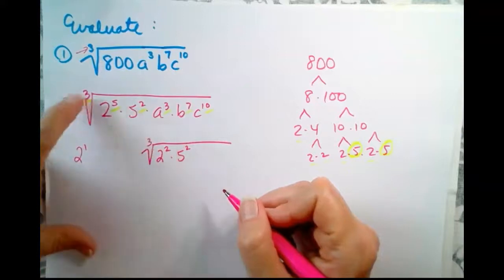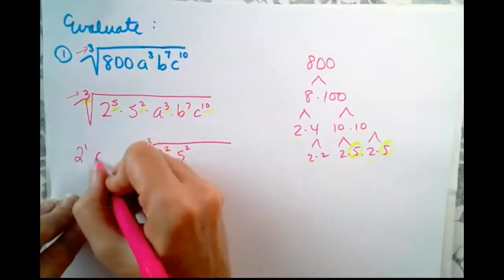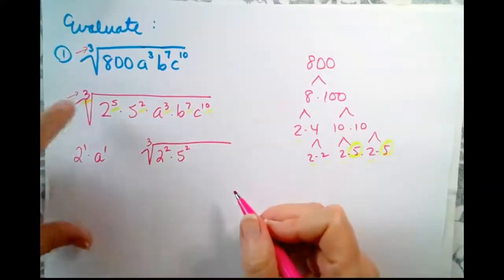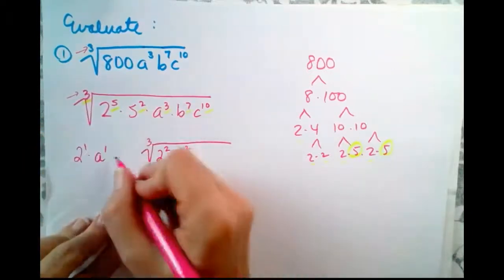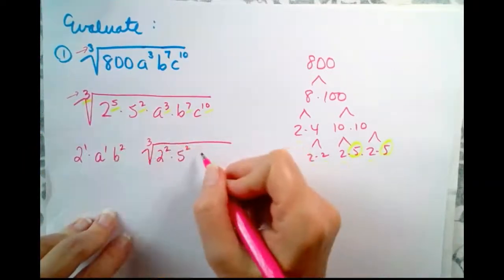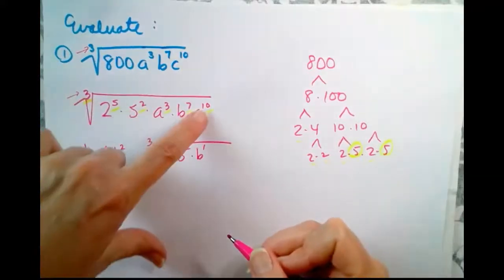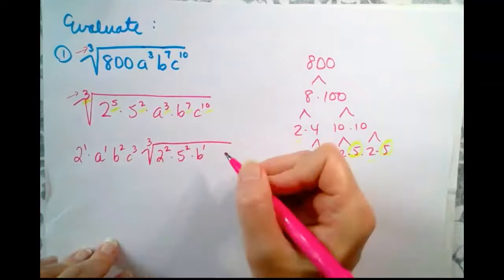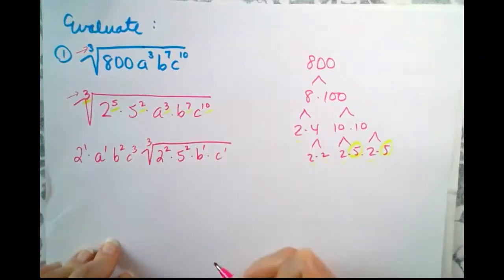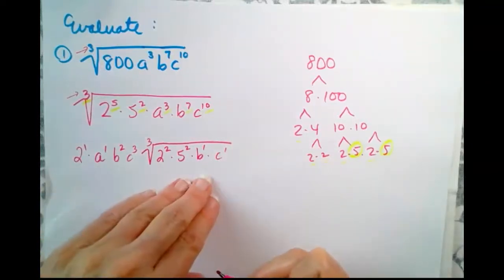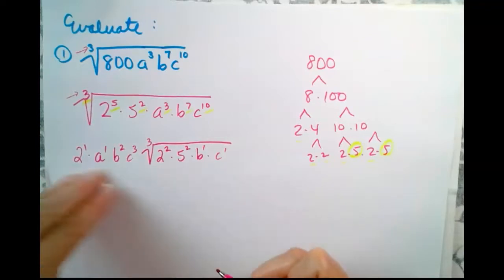Now to the a. 3 goes into 3, 1 whole time. Base is not changing. 3 goes into 7, 2 whole times with 1 power of b remaining. 3 goes into 10, 3 times with 1 power remaining. So there you go. There is your radical simplified.